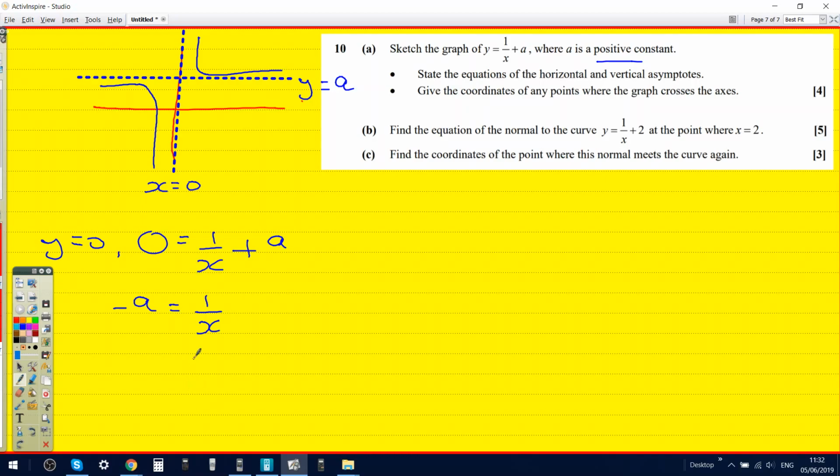Okay. And then you switch the x and the a. Yep. So you get x equals minus 1 over a. So how did you think about doing that again?